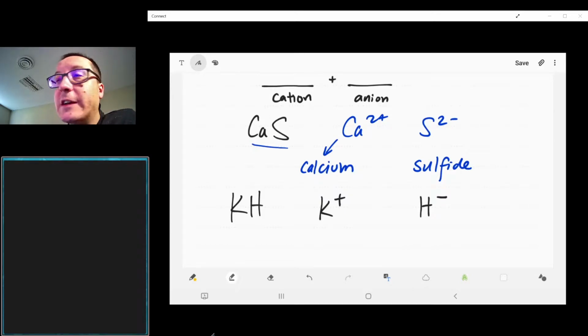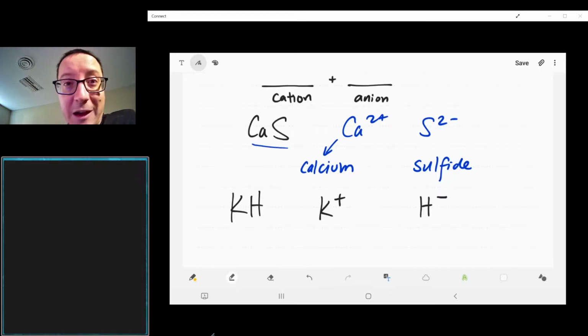So, of course, hydrogen can go plus or minus, but we know it's minus in this case because it's combined with a metal. Potassium is a metal, takes a charge of +1, so hydrogen will naturally, therefore, go to the minus side. If we have hydrogen with something else, maybe it can be positive.